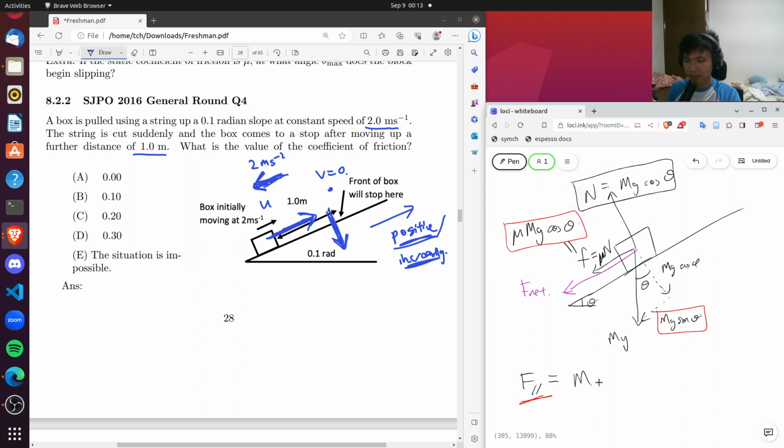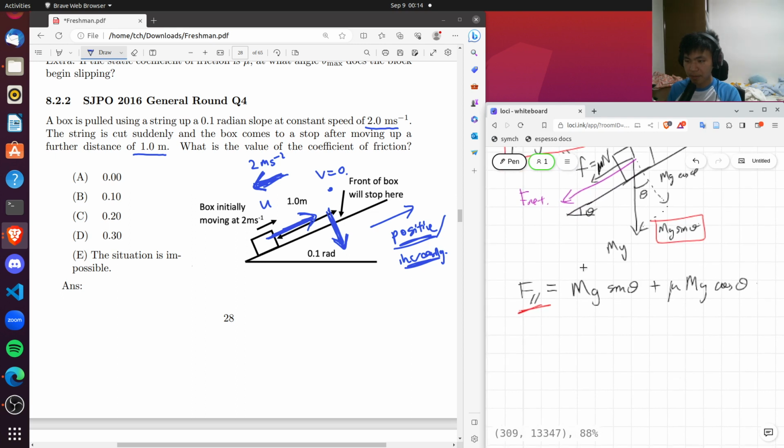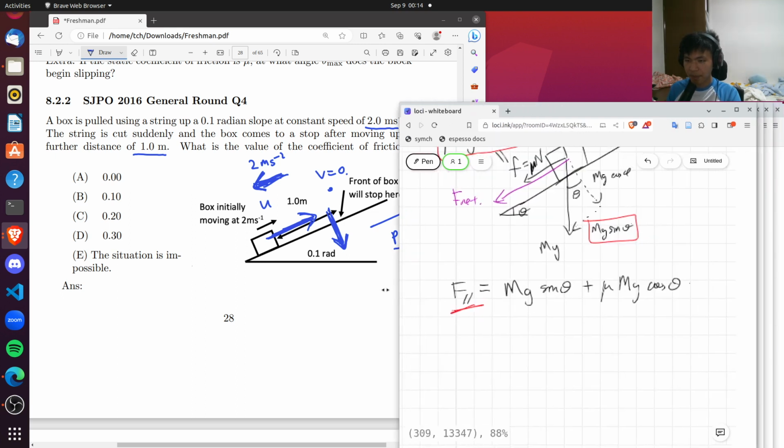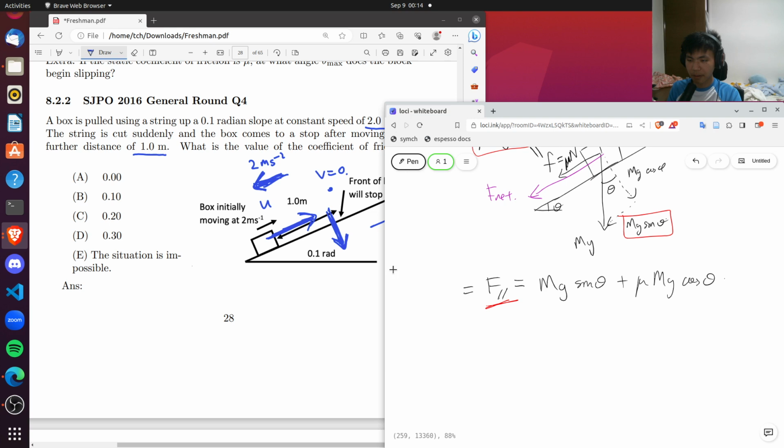So the net force in the parallel direction is mg sine theta plus mu mg cosine theta. This equals F equals Ma, where M is capital M. So what we get is that a equals g times sine theta plus mu cosine theta, where I factorized out g.